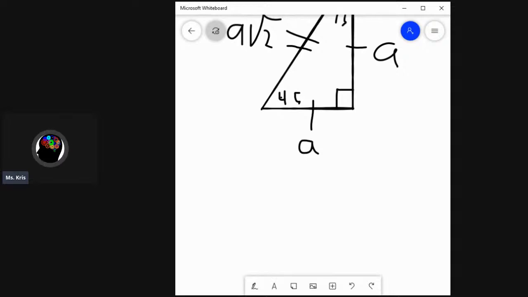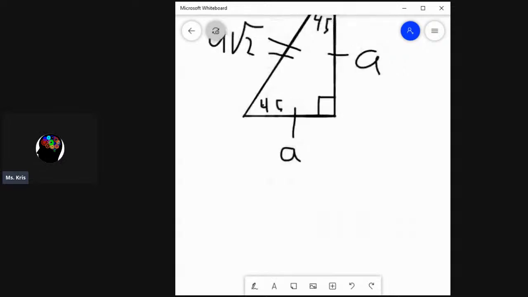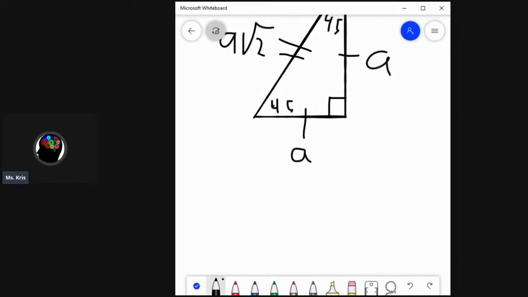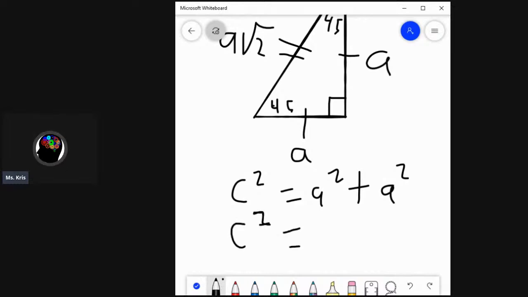So we know that c squared equals a squared plus b squared. Well, if two of the sides are the same, then it's c squared equals a squared plus a squared. A squared plus a squared gives me 2a squared, because 1a squared plus another a squared, now you have 2a squared.